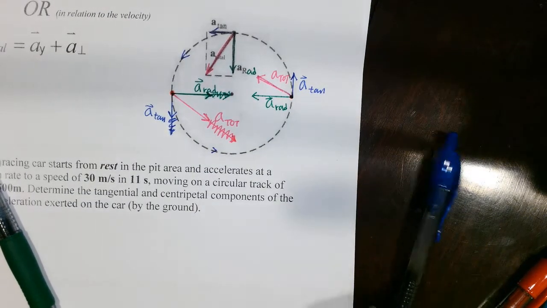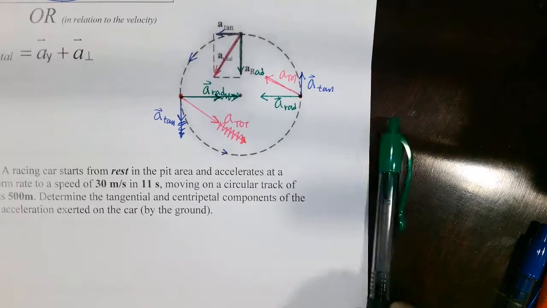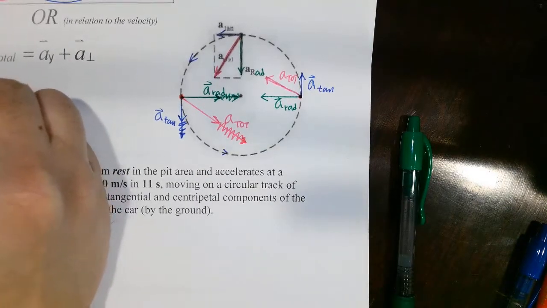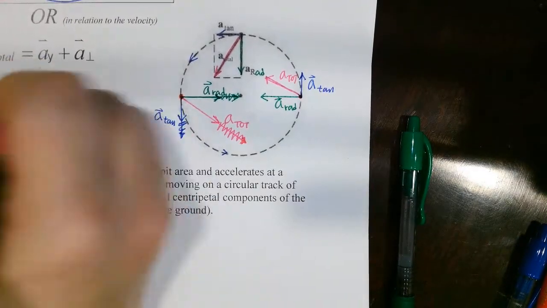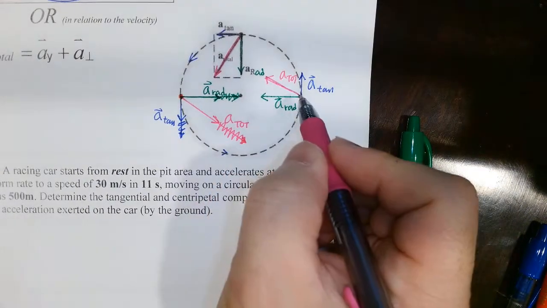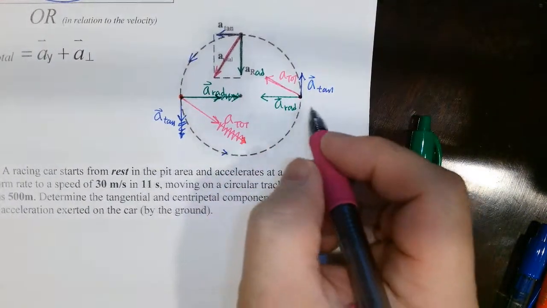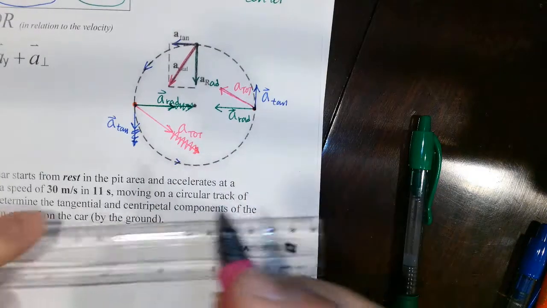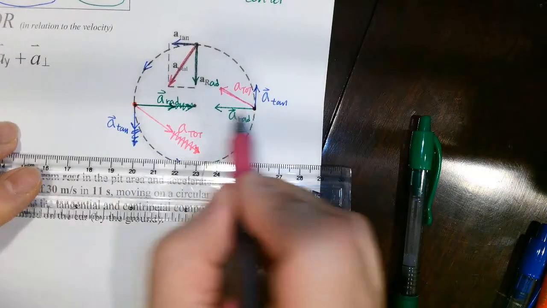So how do we find the magnitude of my A total? Since they are perpendicular to one another, you can actually make a right triangle, whether it's here or here.